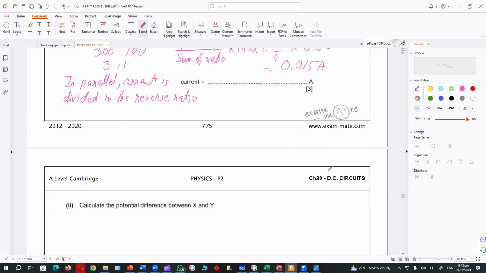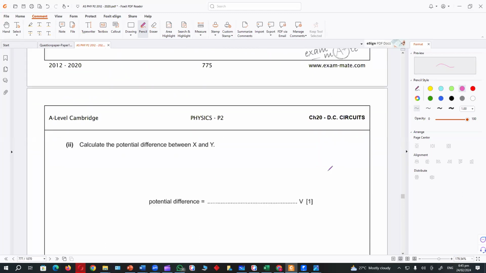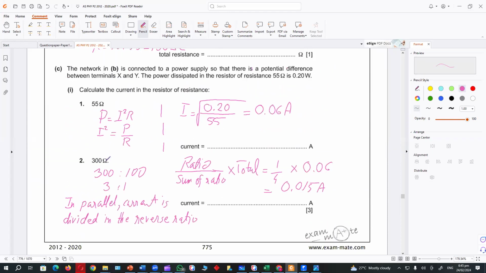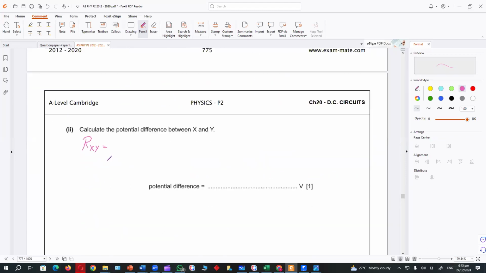So we can use the total resistance and the current to find the voltage.